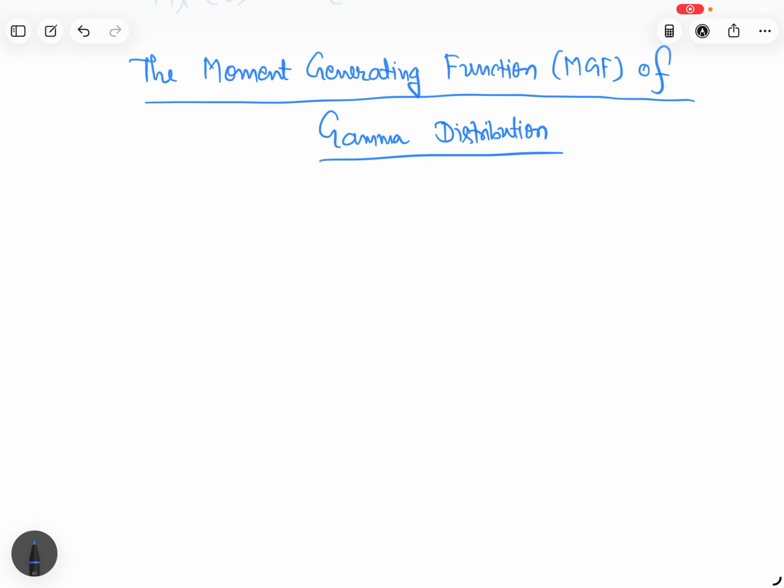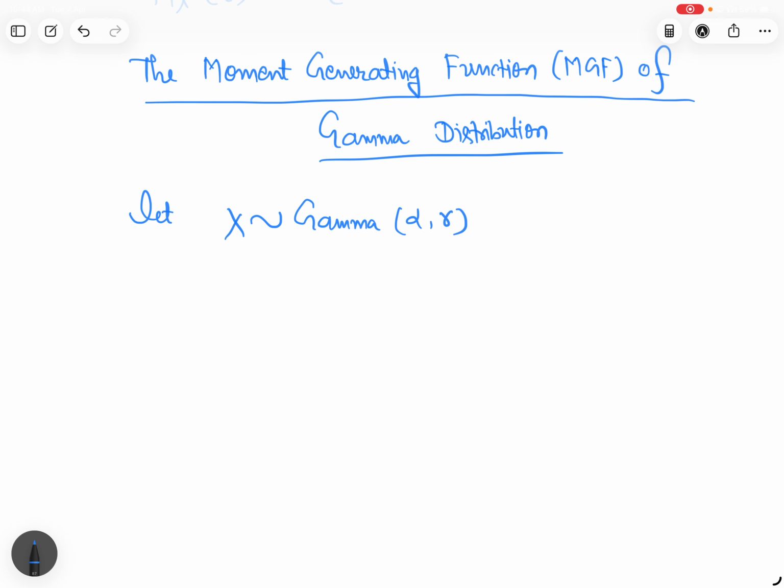Okay, so this implies dx is equal to ds upon alpha minus t. So mxt is equal to alpha to the power r upon gamma r. After putting this value here, what will be the integral?